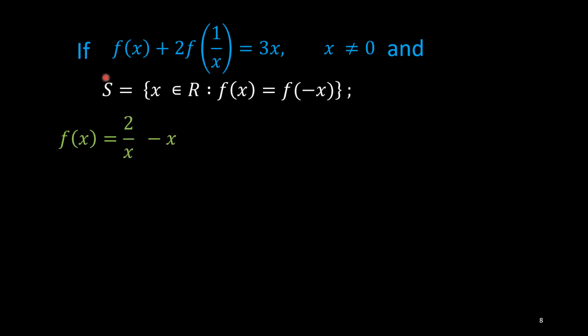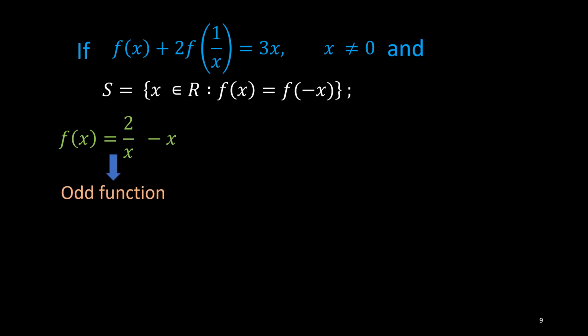Now we'll concentrate on this set S, of real numbers, with the condition f(x) = f(-x). Can you identify what type of function this is? f(x) contains one term x, and another term 2 upon x, and it is an odd function.